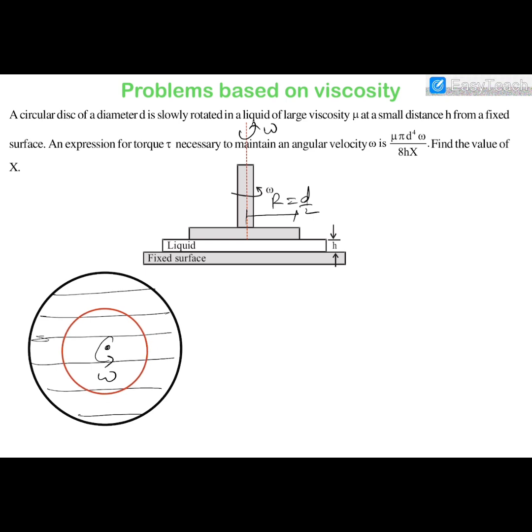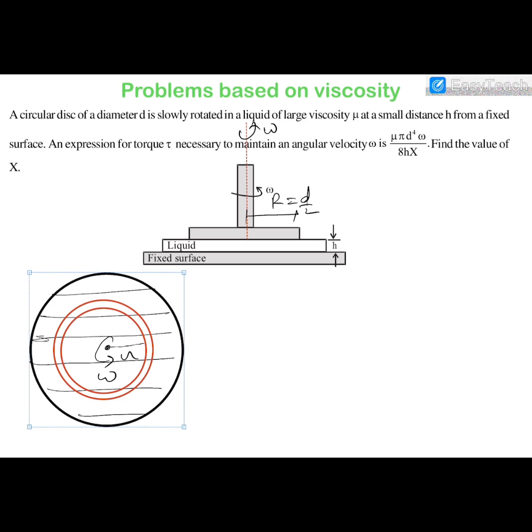So let us suppose that at this point, which is at a distance of r from the center, the velocity of this point will be different, and at a distance of 2r it would be different because v will be equal to r omega. So we have to assume an element, because due to the different velocity, the viscous force acting on these different elements will be different.